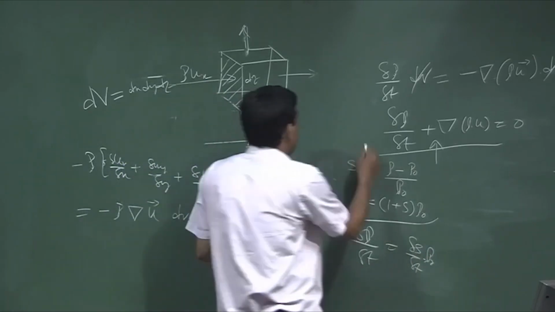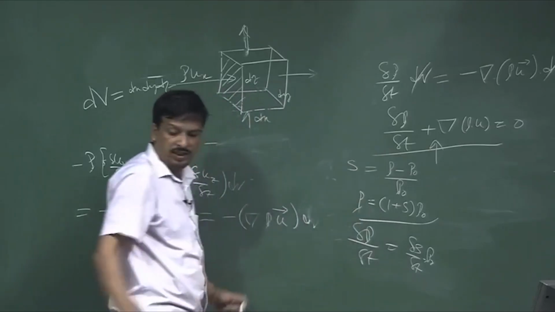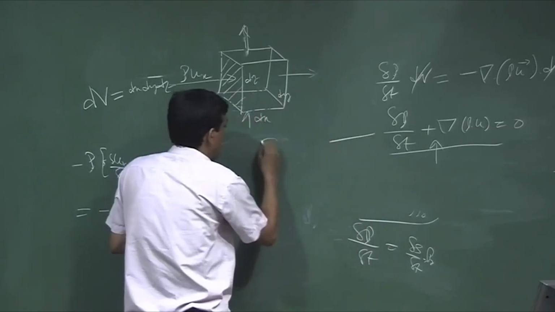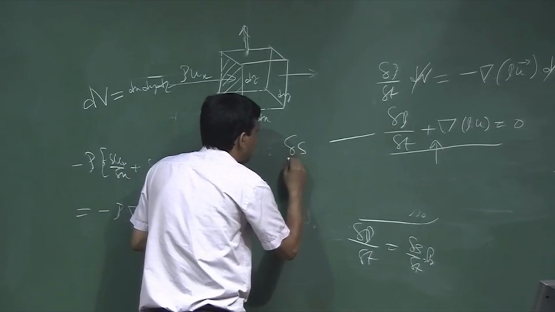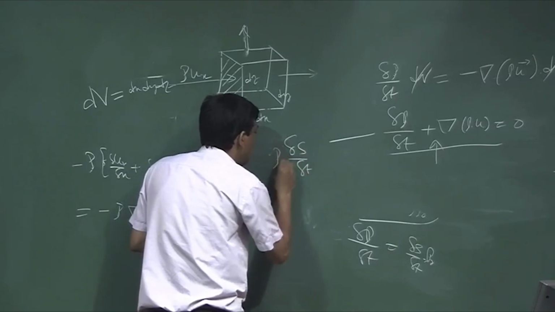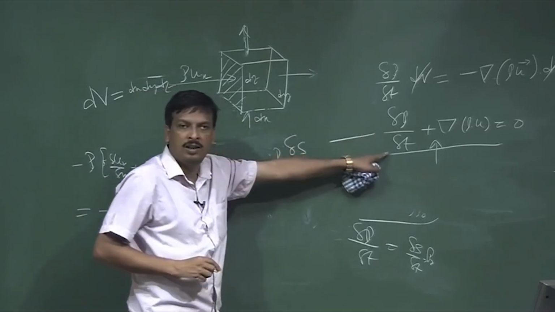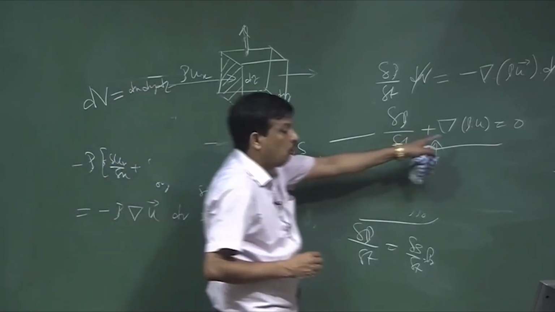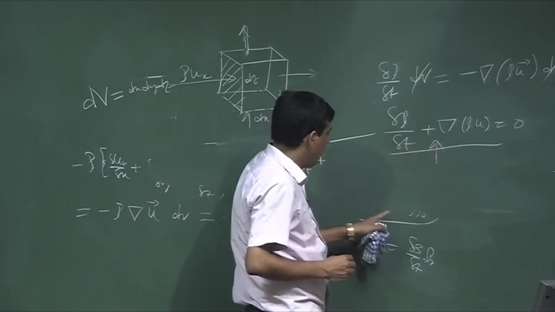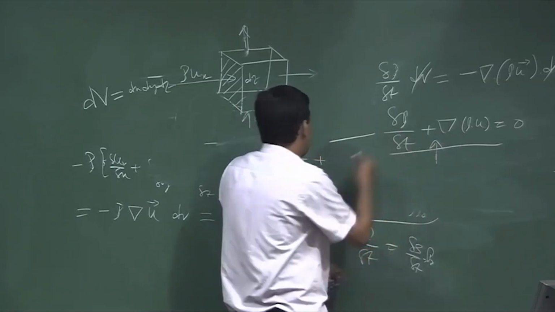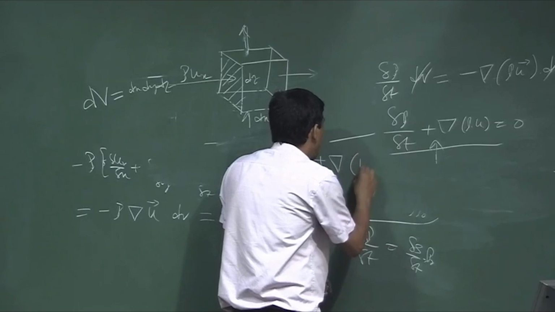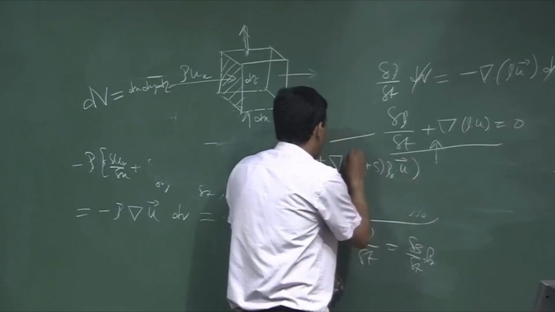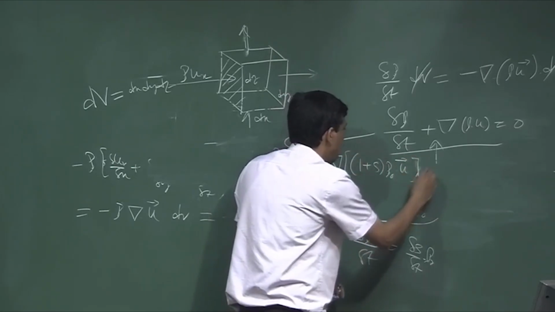So, this equation becomes rho 0 del S by del t, instead of del rho by del t, plus divergence of (1 plus S) rho 0 u, since rho is 1 plus S into rho 0, is equal to 0.